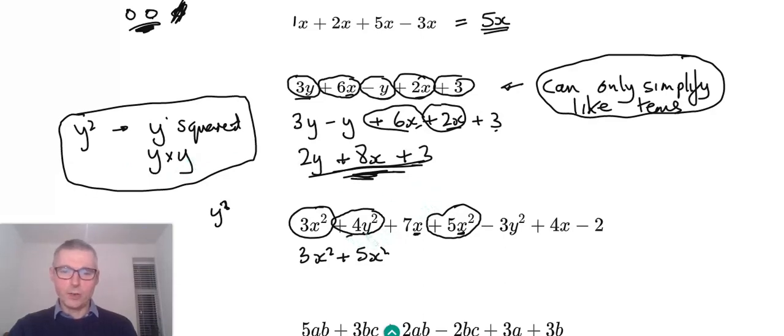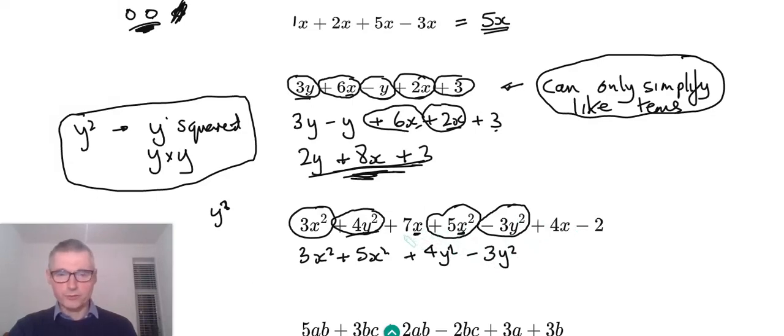So we're taking the y squared and finding the other y squareds in that. So we can put them together now. So we've got plus 4y squared minus 3y squared. There we go. And now we're going to look at the x's.